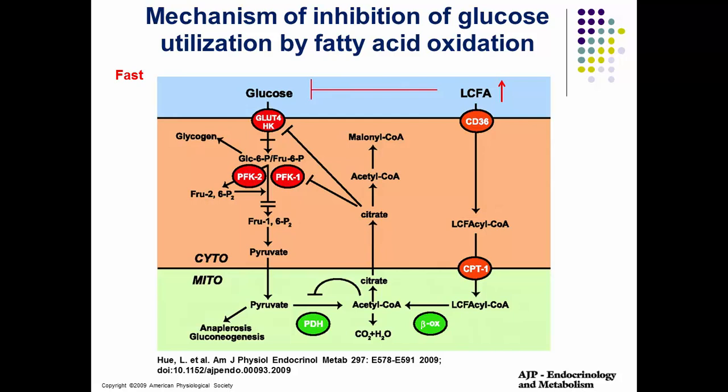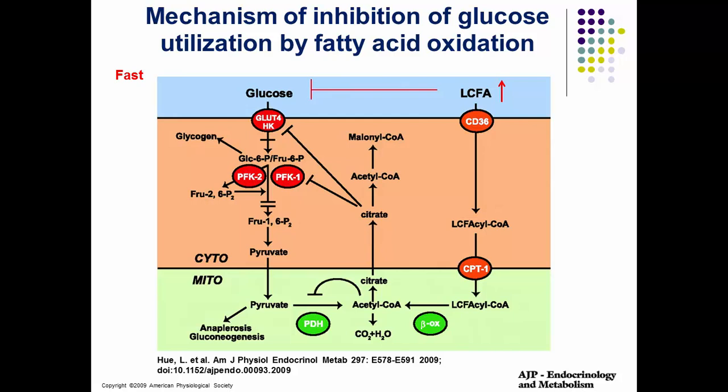So try to remember these two key substrates, citrate and acetyl-CoA. These two substrate levels significantly increase when fatty acid oxidation is increased. Also try to remember the three key enzymes inhibited by these two substrates.